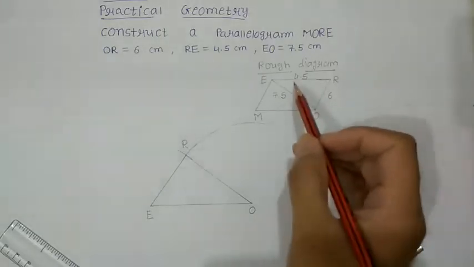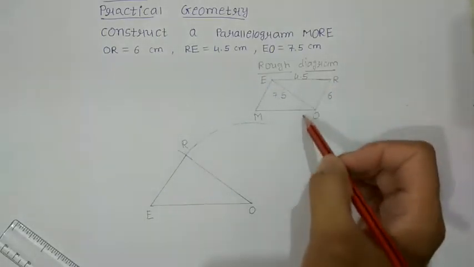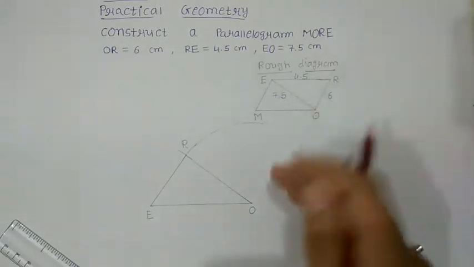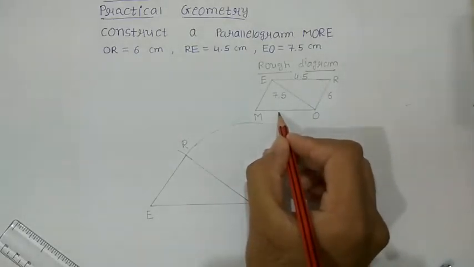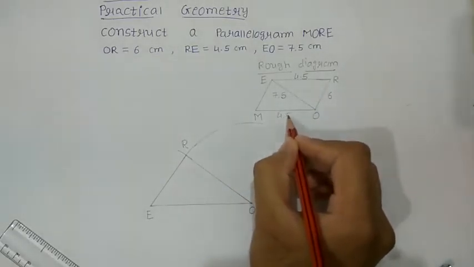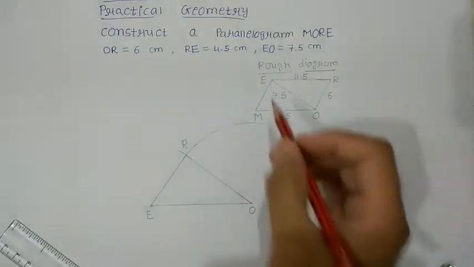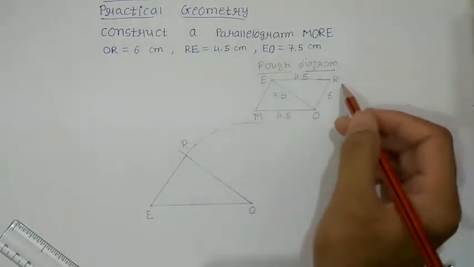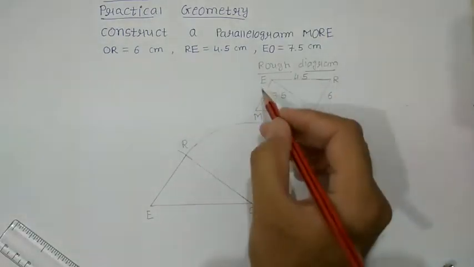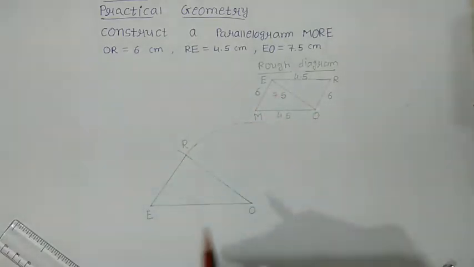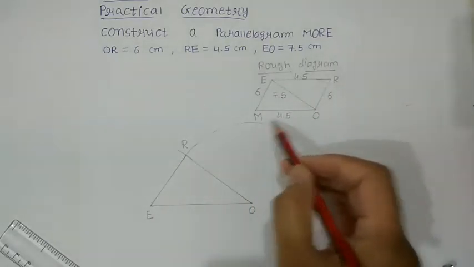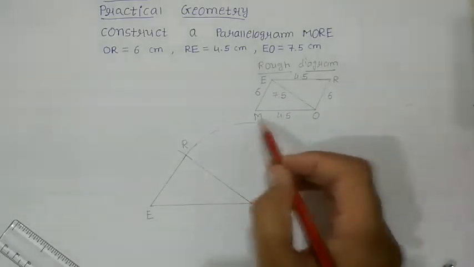It is equal to the ER because in parallelogram opposite sides are equal. So this MO is also of 4.5 centimeter and this EM is also equal to this OR, that is of 6 centimeter, right?